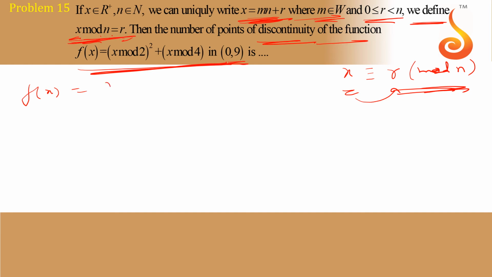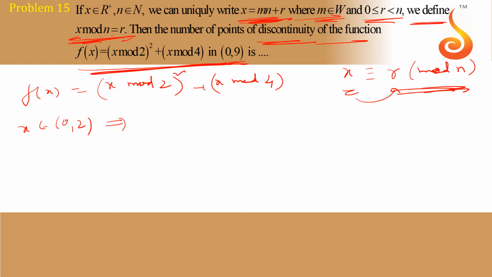Then f of x is defined as x mod 2 whole square plus x mod 4. Now I am splitting the cases. Suppose x is between open 0 to 2. A value between 0 to 2, if you divide with 2, you will take m as 0.